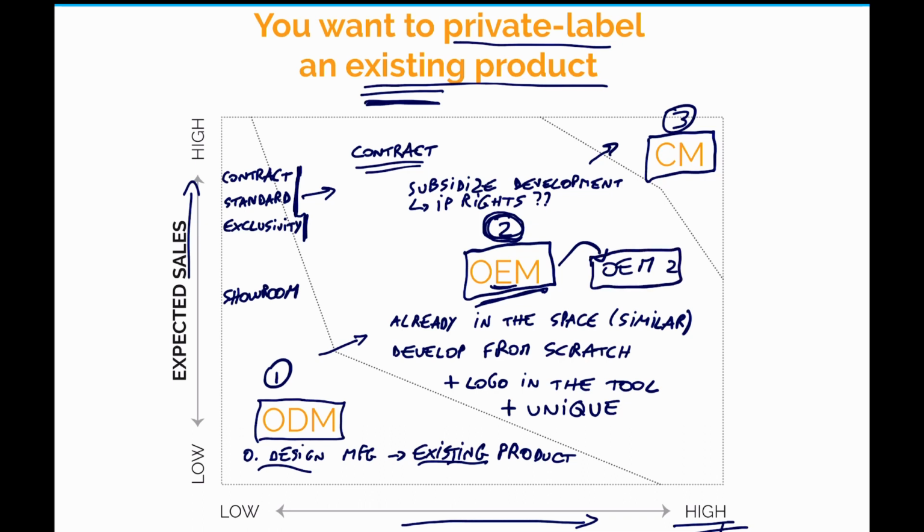However, if you really want high control and your sales are really growing, then you go for version 2 or version 3 of your product. You make it more unique. Okay, and you want to avoid a lot of the issues of the OEM, and you go with a CM. I wrote about that separately.